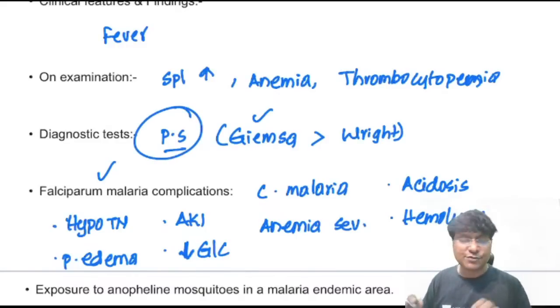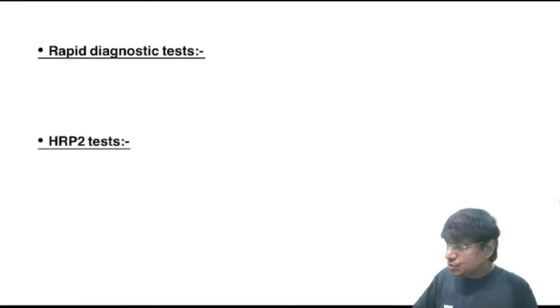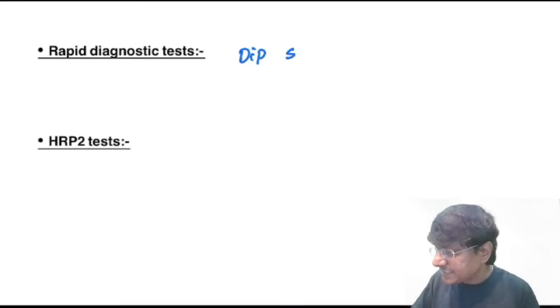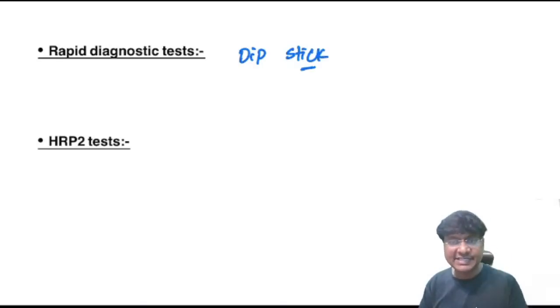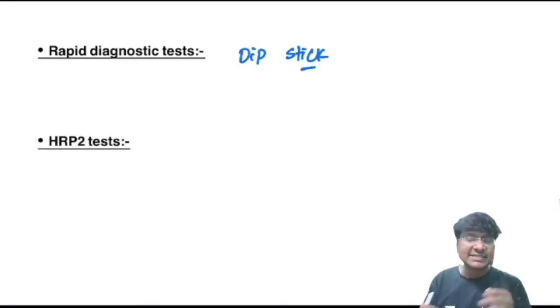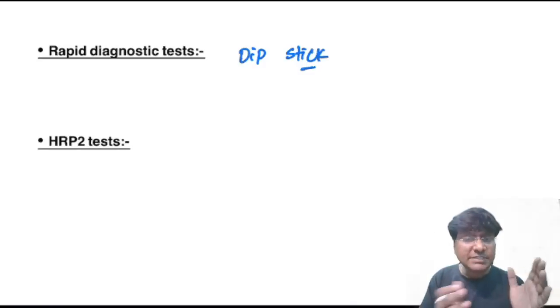But what is the investigation of choice? The investigation of choice will be peripheral smear preparation. Actually, we have some rapid tests also, the rapid dipstick tests. But this rapid dipstick test can miss the diagnosis of certain plasmodial parasites.